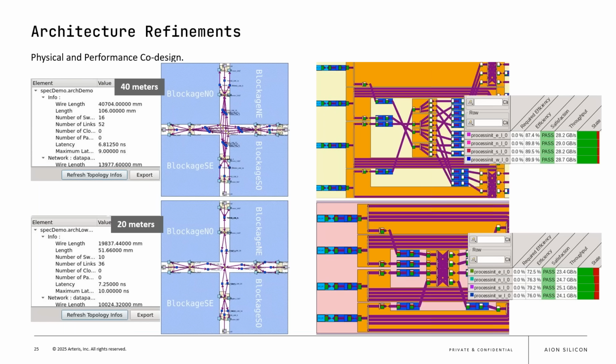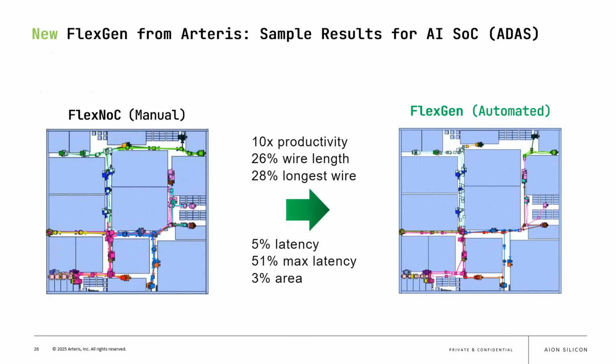So halving the wire budget means fewer pipeline stages, a better timing margin, lower dynamic power, a much cleaner physical design. And this is the point where FlexNoC's physically guided workflow delivers real PPA gains.